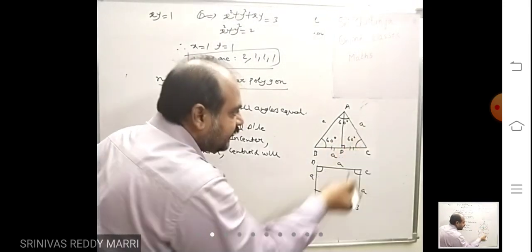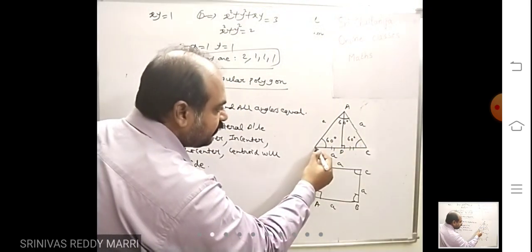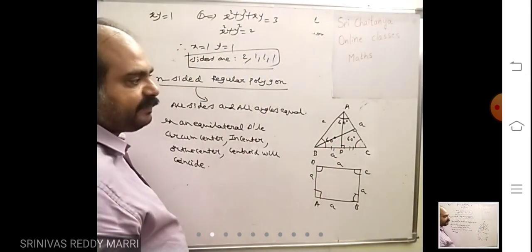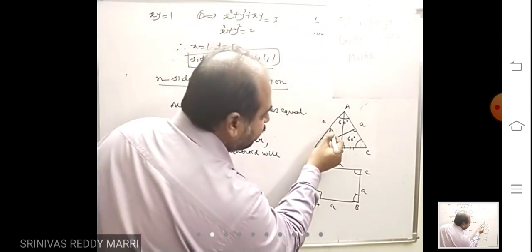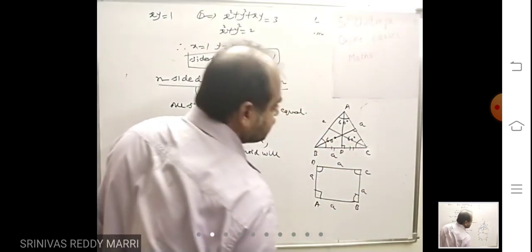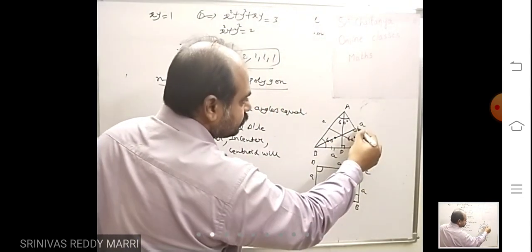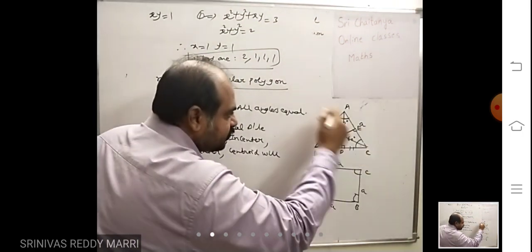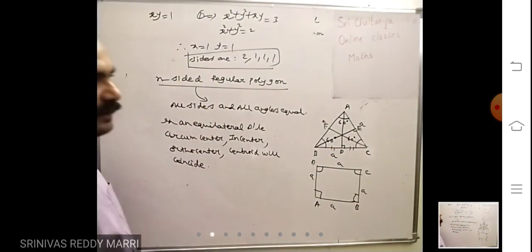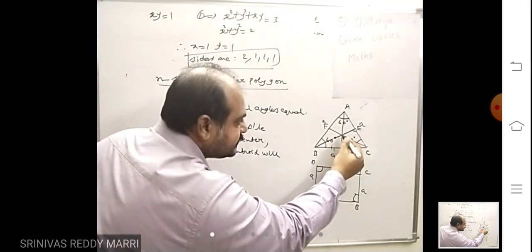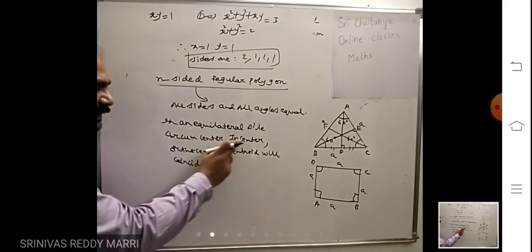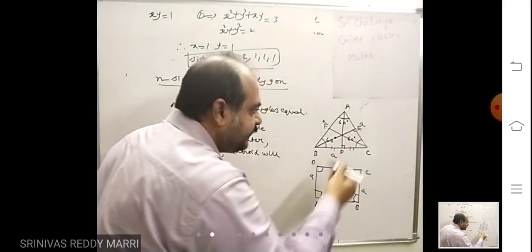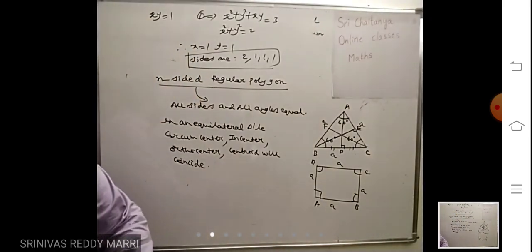In an equilateral triangle, if you draw another altitude, it will also be the altitude, perpendicular bisector and median. So this point of concurrency is the circumcenter, incenter, orthocenter, and centroid. Every point will coincide.